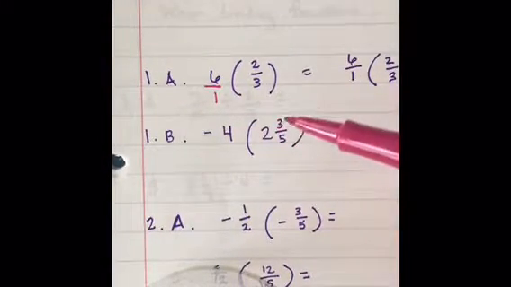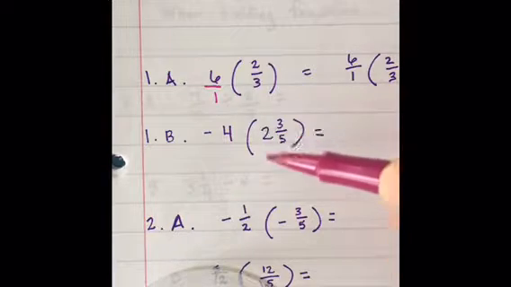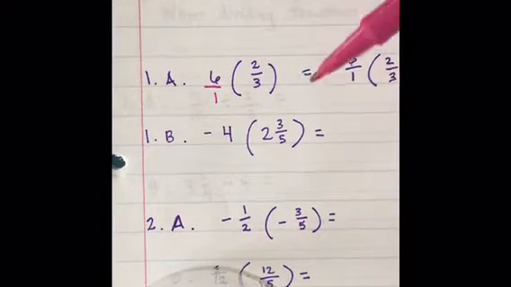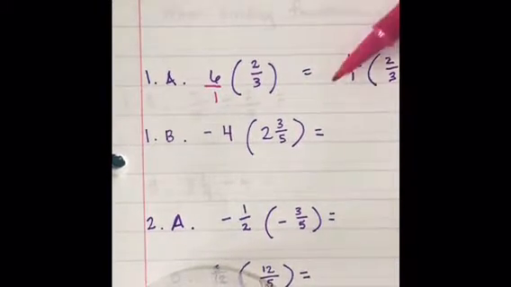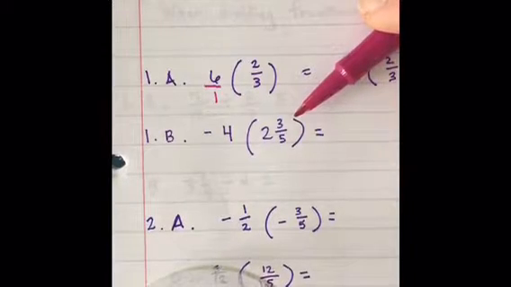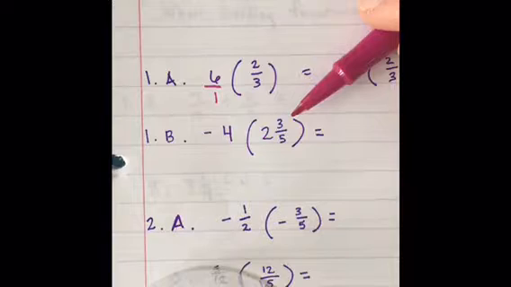All right, let's move on to 1B. -4 times 2 3/5. Do you remember what we talked about yesterday in class with mixed numbers? We cannot do easy math with mixed numbers. So that mixed number needs to follow our pattern for turning it into an improper fraction to actually do the math.